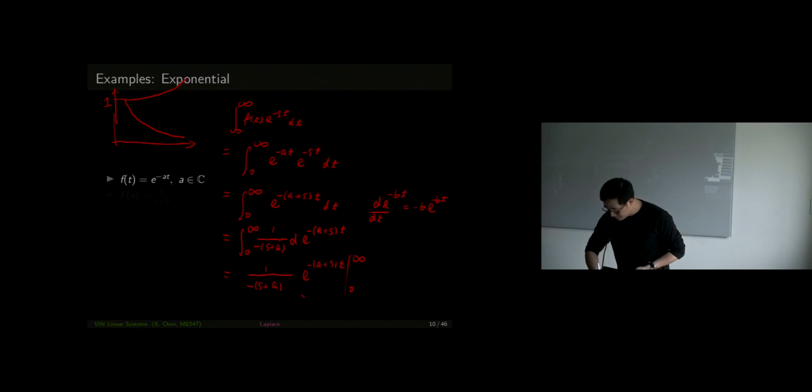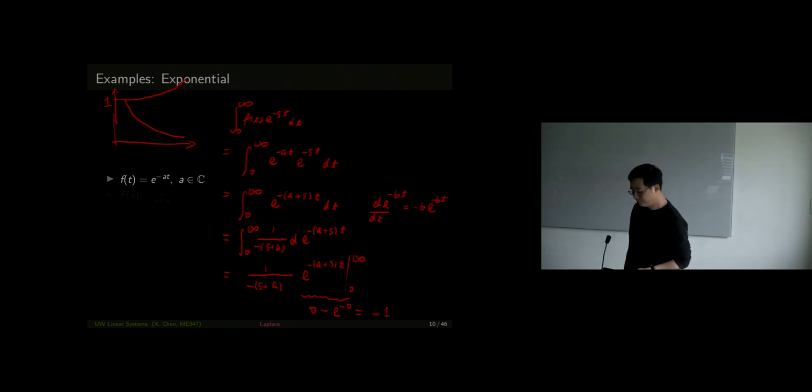It is very easy to see that when t equals infinity, we have e to the negative (a plus s) infinity, which is 0, minus when t is 0, e to the negative 0, so the entire thing is negative 1. And therefore, the Laplace transform of the exponential function e to the power of negative at is 1 over s plus a.